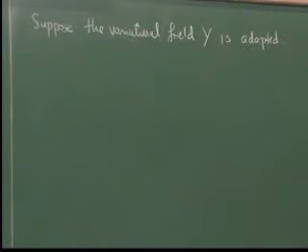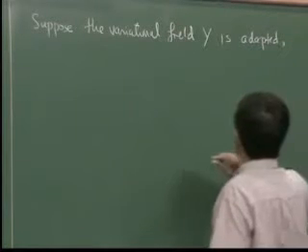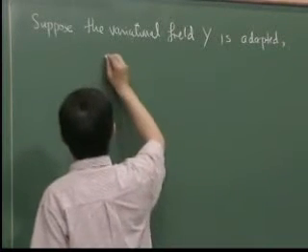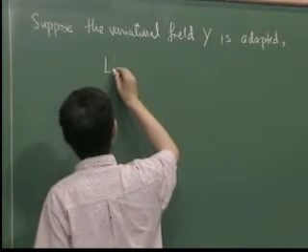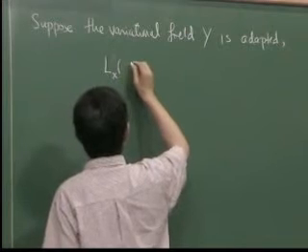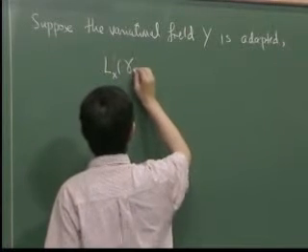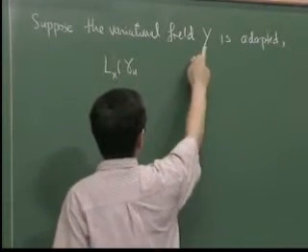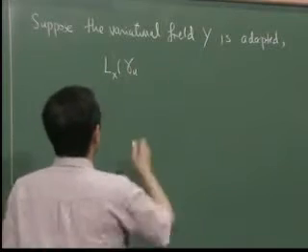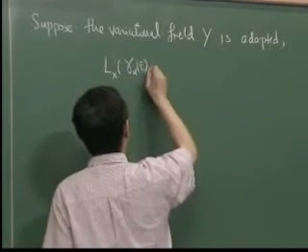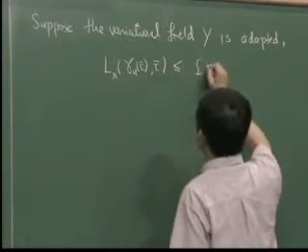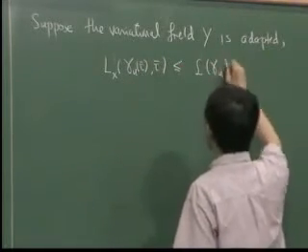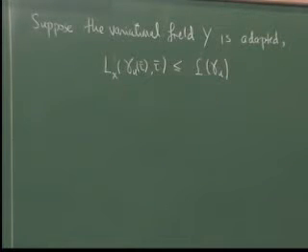Then we know the L-length of X of gamma u, where gamma u is the corresponding family of curves ending at tau bar, is always less than or equal to the L-length of gamma u.